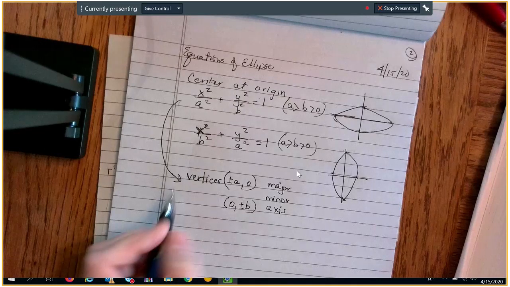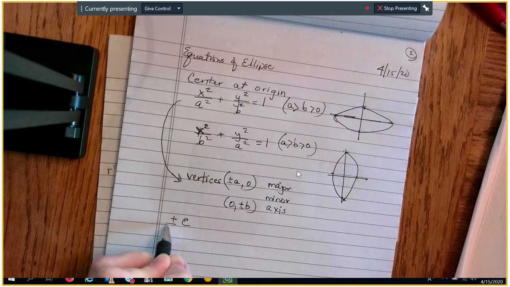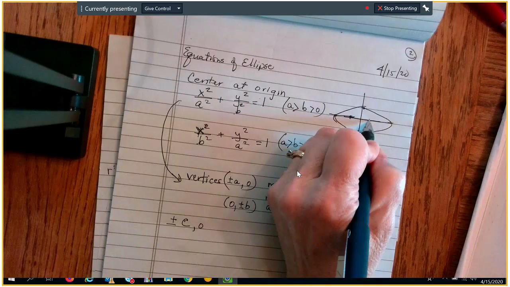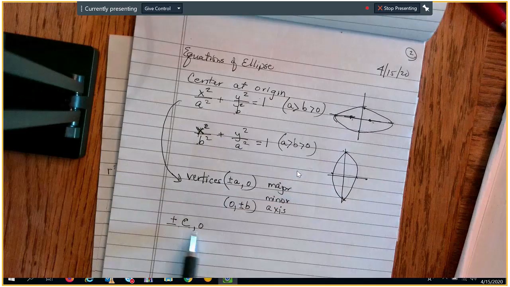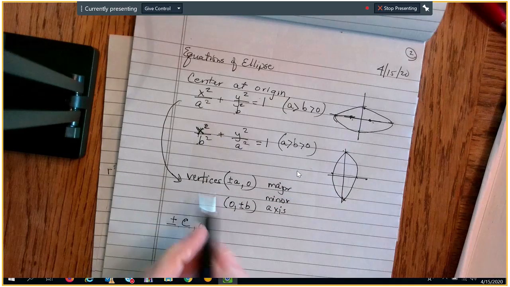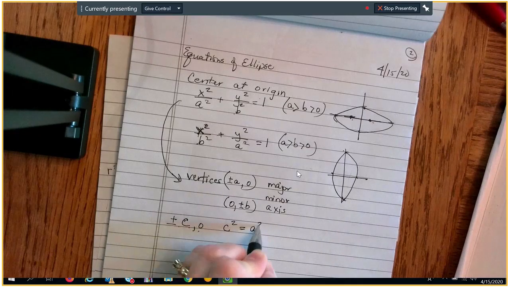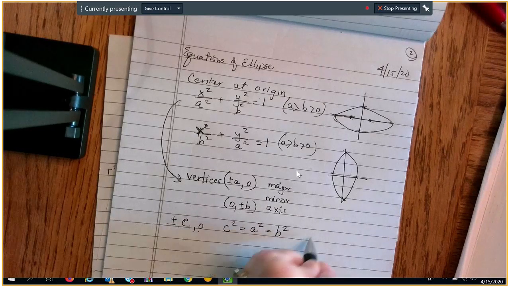And then they say that the foci are going to be plus or minus c, 0, because they're going to be somewhere here on the x-axis. And the equation it gives is c squared equals a squared minus b squared to find the foci.